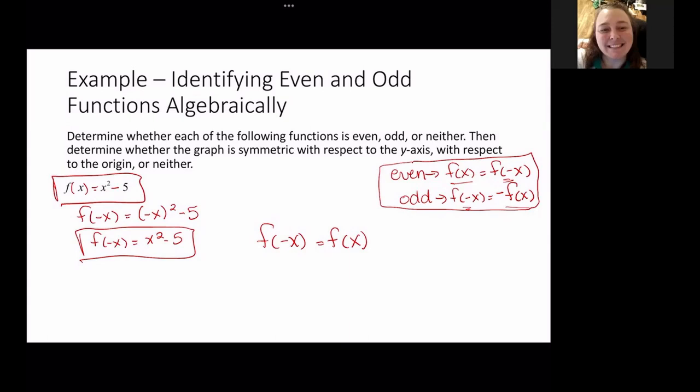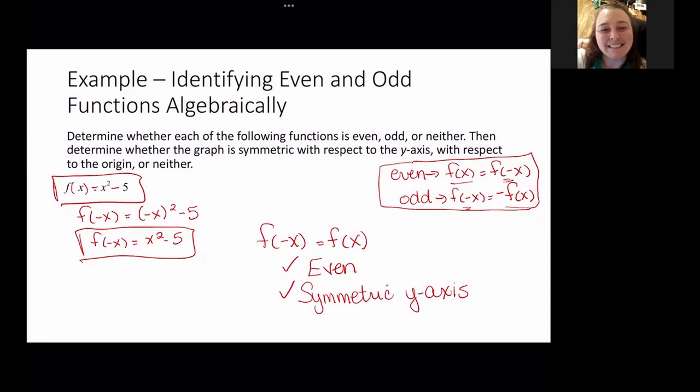It's that first one, so it means that it's even. And when we looked at the even function in the graph, we know that those are symmetric about the y-axis. So that one comes out as even and symmetric about the y-axis.